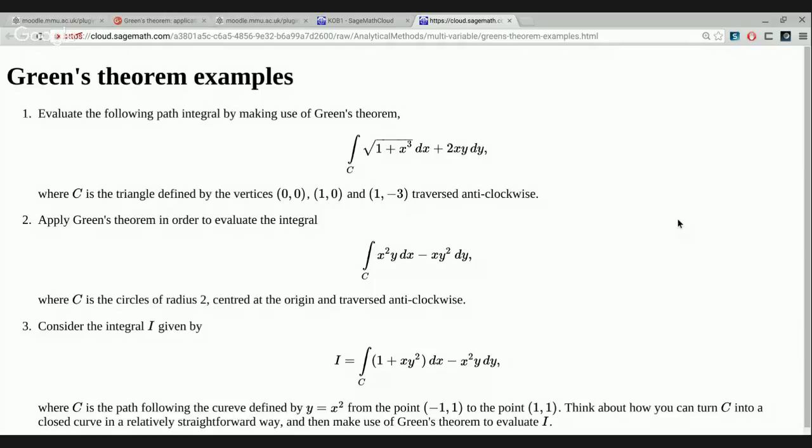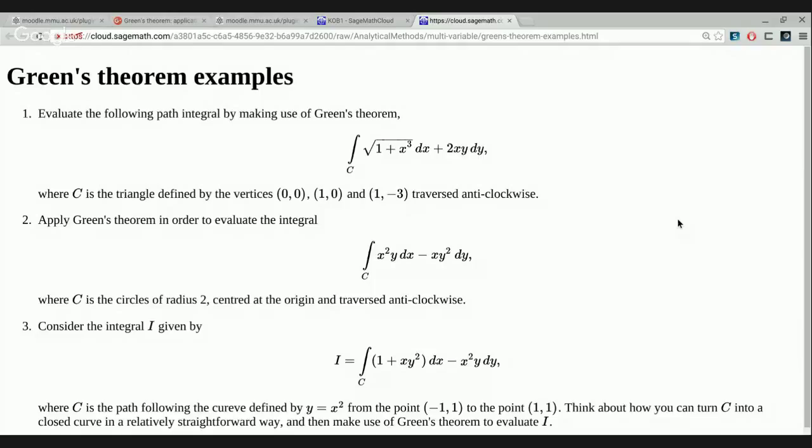So Green's theorem implies that the integral along D of 1 plus xy squared dx minus x squared y dy is equal to the double integral over this region R, which is enclosed here, of dQ/dx minus dP/dy.